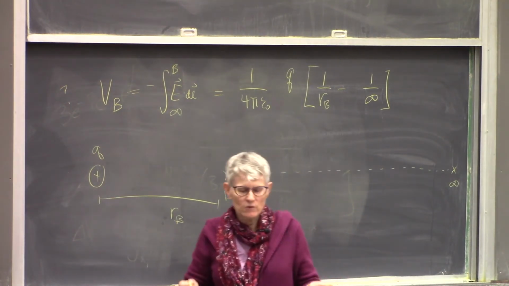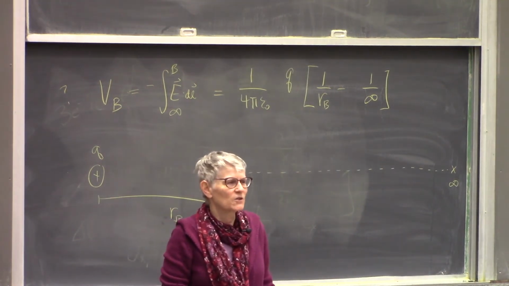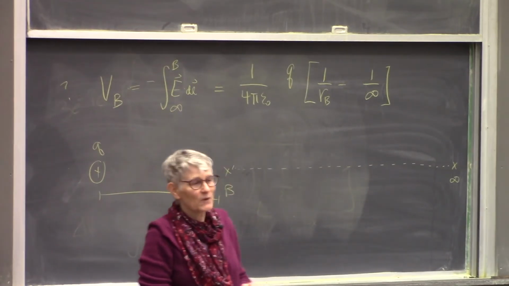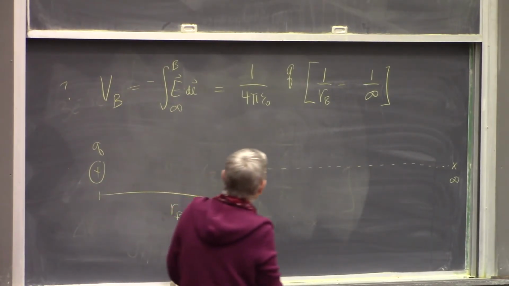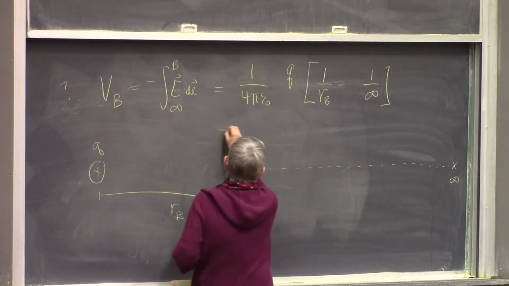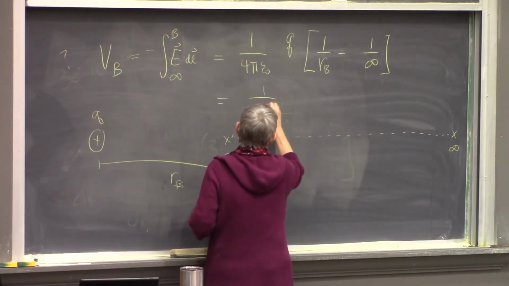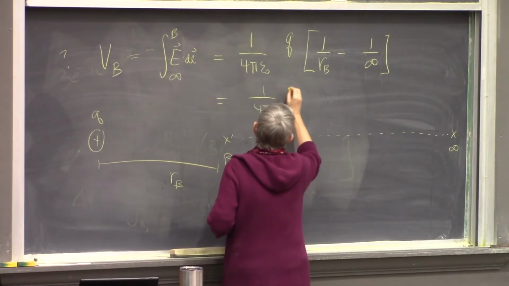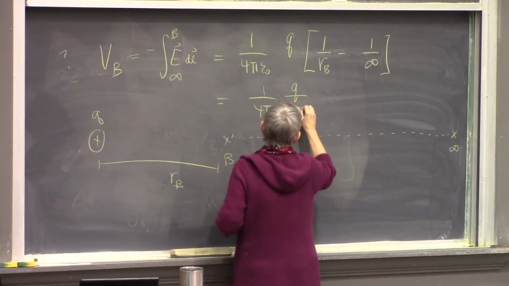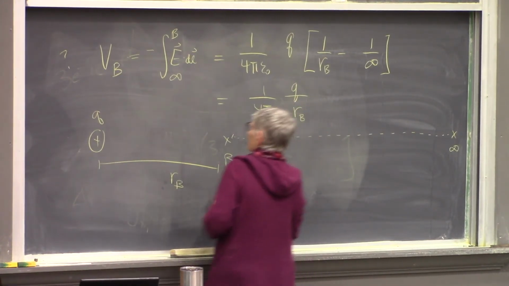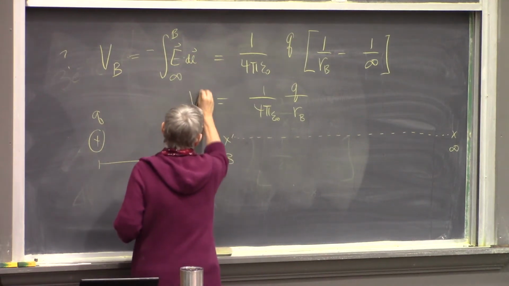And being physicists, we believe that 1 over infinity is a perfectly good number. We think it's 0. So it gives us 1 over 4 pi epsilon 0 q over r sub b.